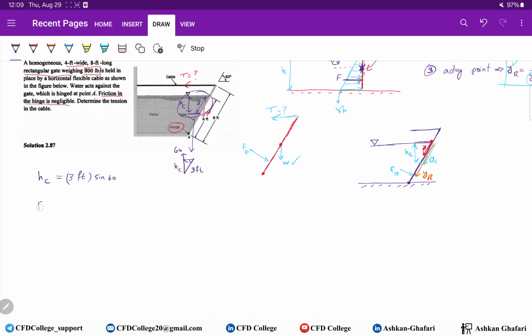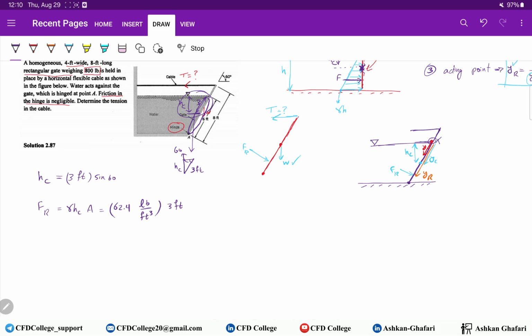FR equals gamma HC area. So gamma is 62.4 pounds per cubic feet. Oh, and it's important: this part of the gate is important to find FR, to find HC, and to find YR. That's why I locate the y-axis here.